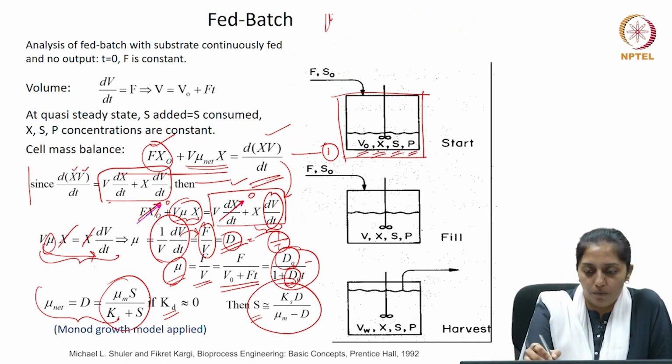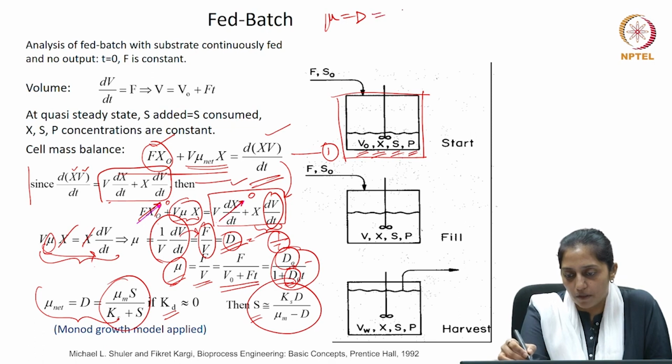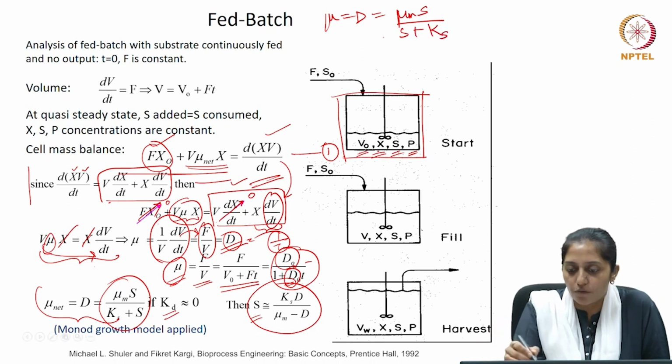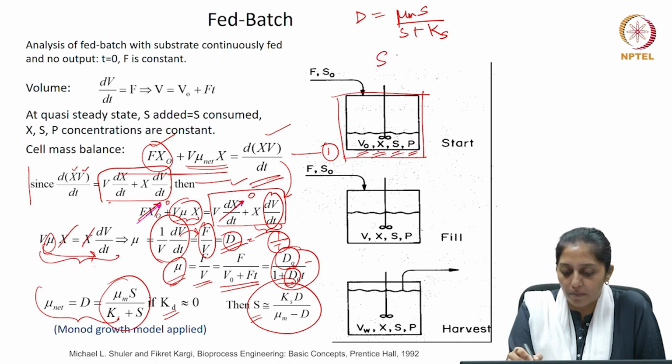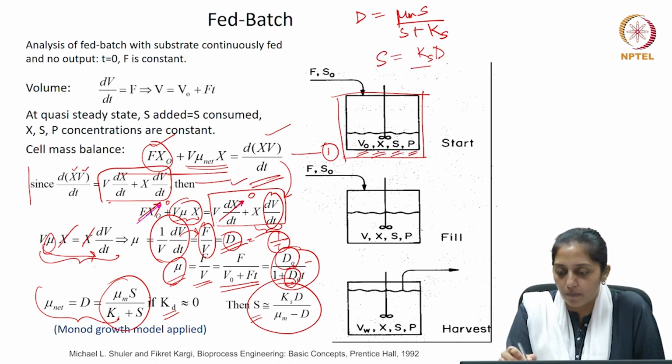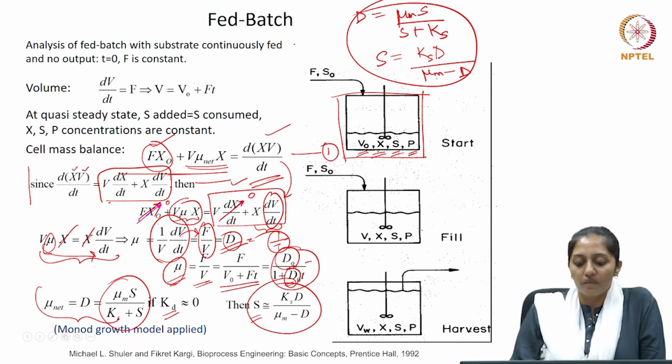Here mu is equal to D, which, if it is following Monod's kinetics, is mu m S upon S plus Ks. If we do the rearrangement, then your S will become equal to Ks D upon mu m minus D. This is what is given here.